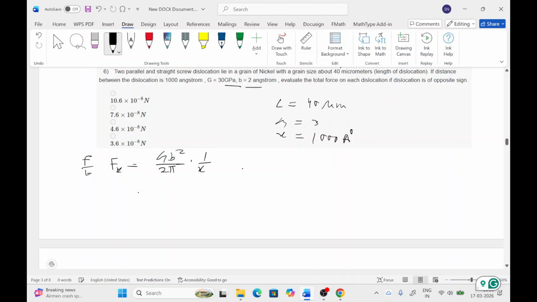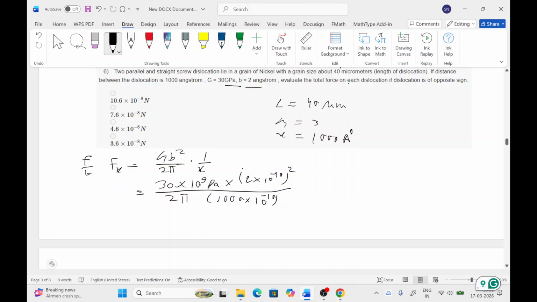So we calculate from this. G is 30 GPa, B is 2 into 10 raised to power minus 10, squared, divided by 2 pi, x is 1000 angstrom. So this is the force per length.